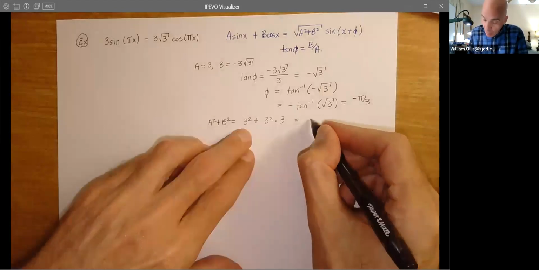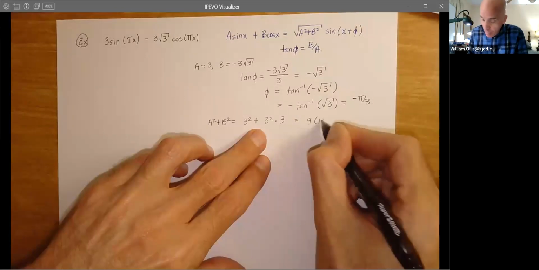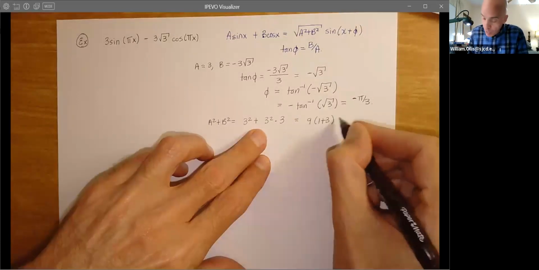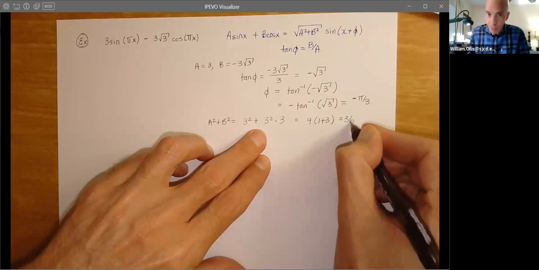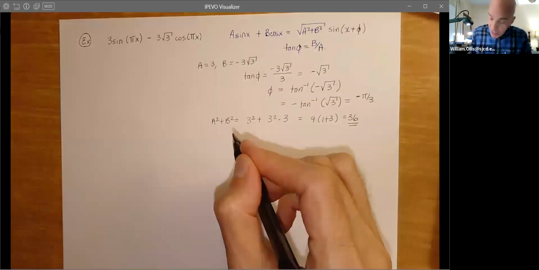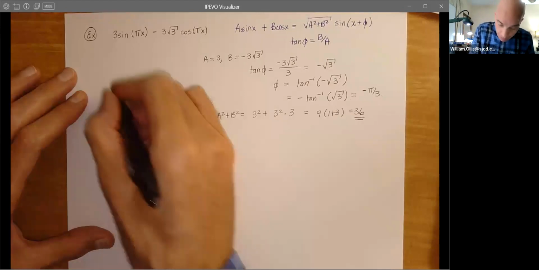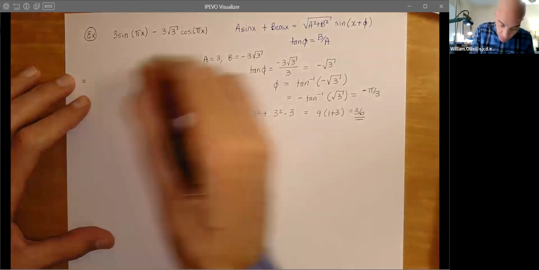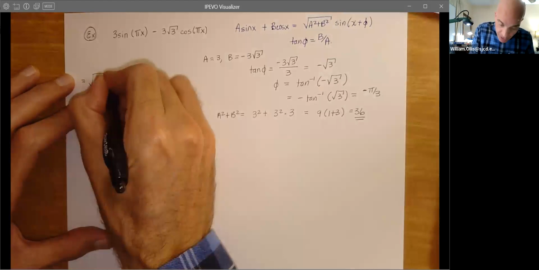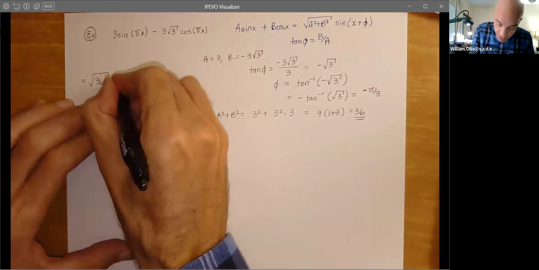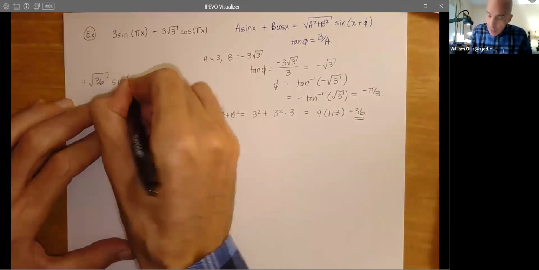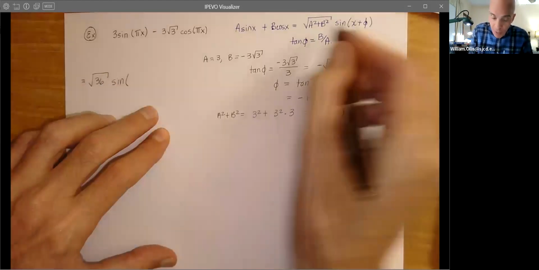We have a 9 in both, times a 1 plus a 3. And that's 9 times 4, which is 36. So these numbers are really nice. We don't always get that, but that's okay. We're glad when we do. So now we get the square root of a squared plus b squared, and then we have sine. And then, of course, we replaced x with pi x.